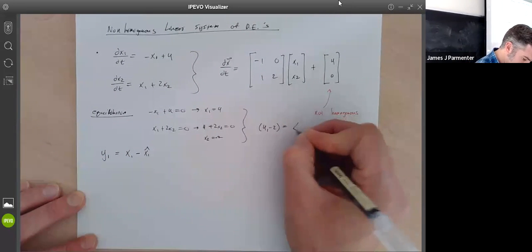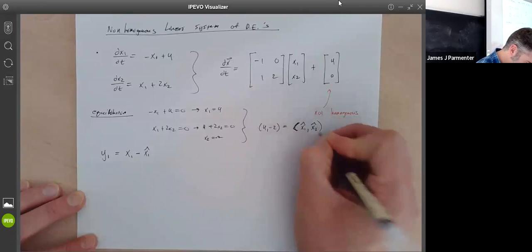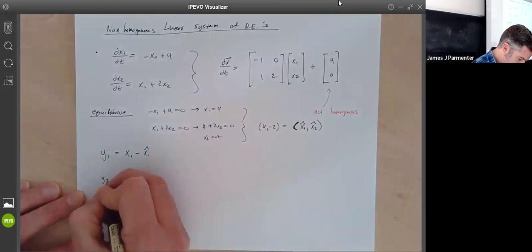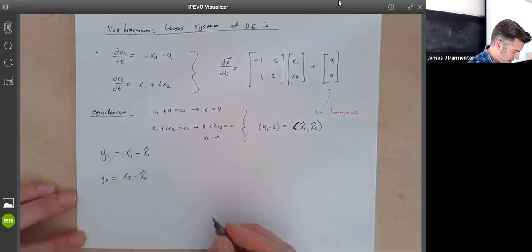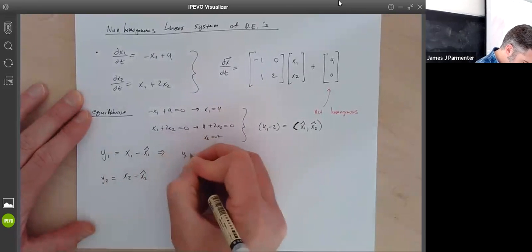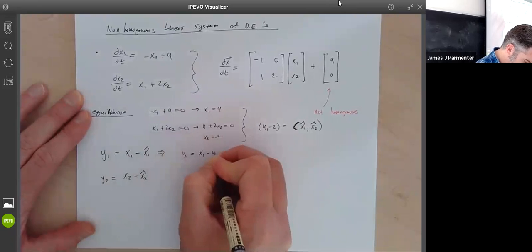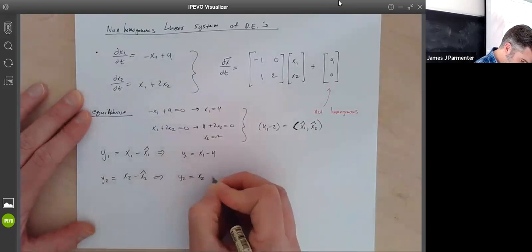So let's call this equilibrium x1 hat, x2 hat. And y2 similarly is going to be x2 minus x2 hat. So in this particular problem, y1 is going to equal x1 minus 4, and y2 is going to equal x2 plus 2.